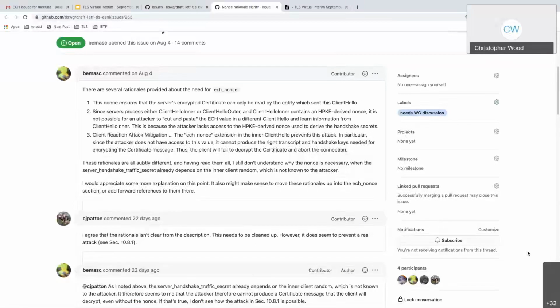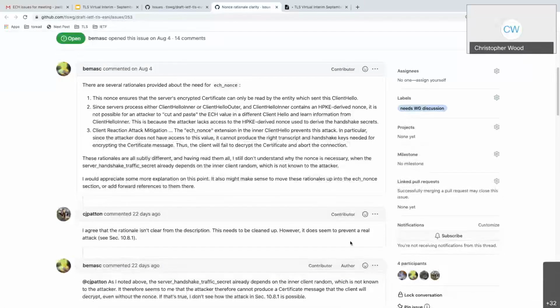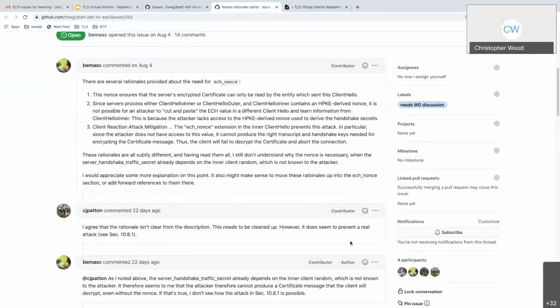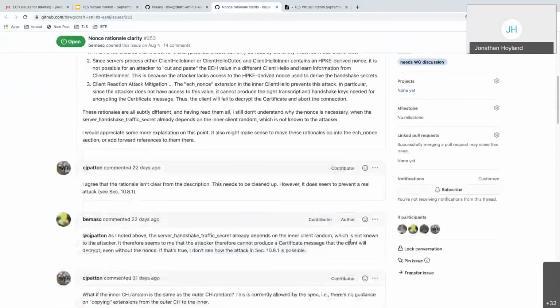So does anyone have any objections to this, I guess, proposal going forward with the added clarity? What proposal? Two independently generated random values, with language around the inner one saying that it must be kept secret. As long as that doesn't prohibit us from coming up with a better design.